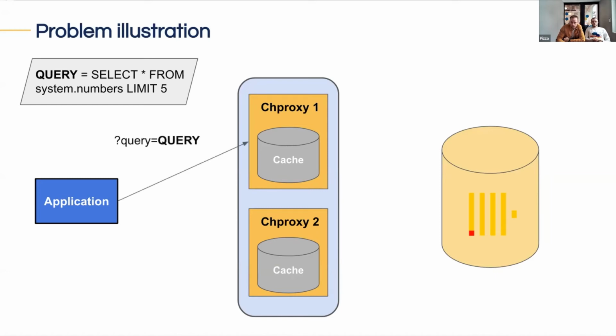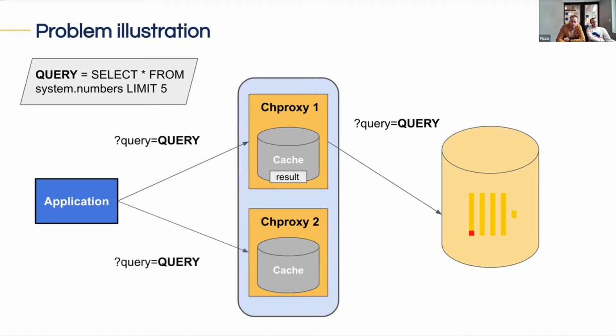But let's illustrate the problem by replaying a sample query. The application sends the query to Chproxy. Chproxy looks into its local file system cache to see if the result has already been computed. It wasn't, so Chproxy redirects the query to ClickHouse. It gets computed, and after all, flushed into the local cache and returned to the original application. But the application decides again to replay the very same query.